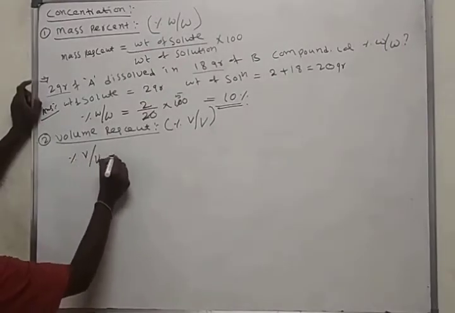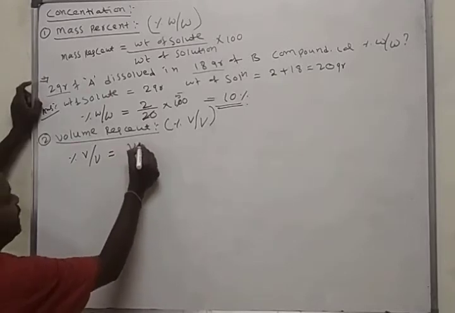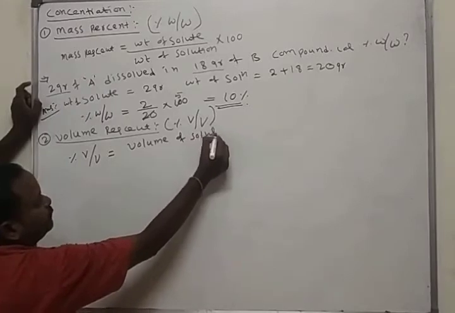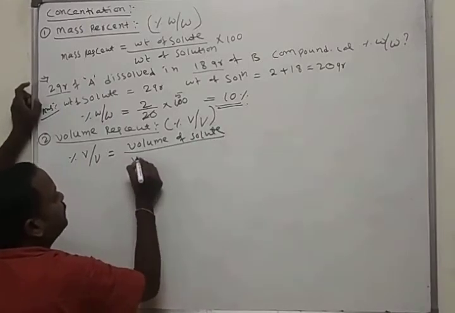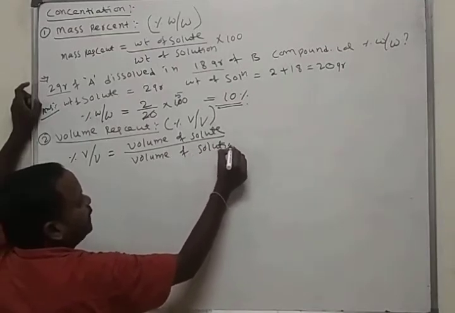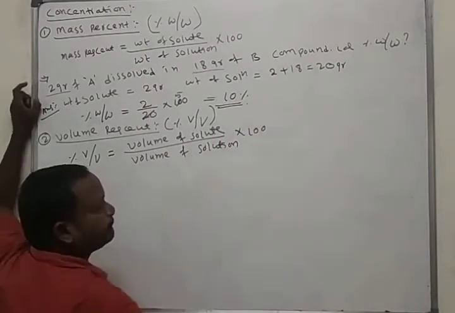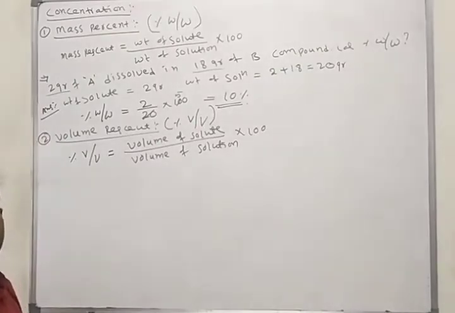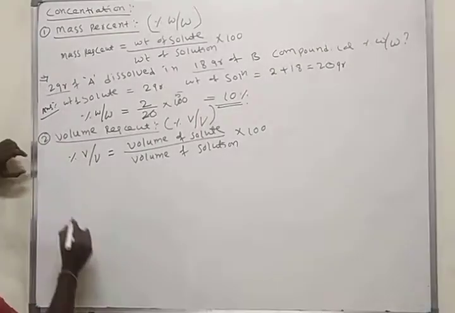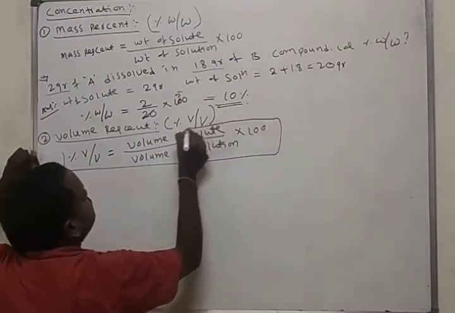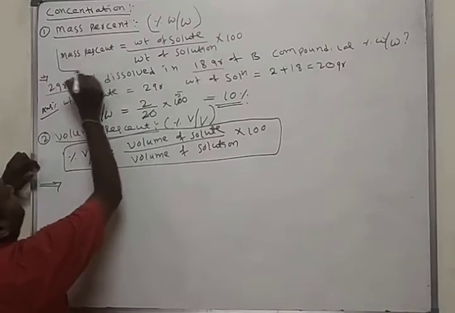V by V equals volume of solute by volume of solution, into 100. This is the principle for calculating the volume percentage of solute.